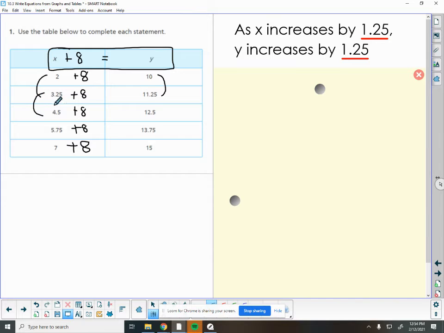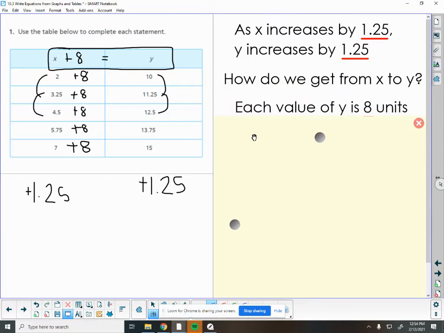So that pattern goes down. Each time going down, we're adding on 1.25, and each time we go down Y, they're also adding on. So we have patterns that can go down the X column, down the Y column, and they can go across.